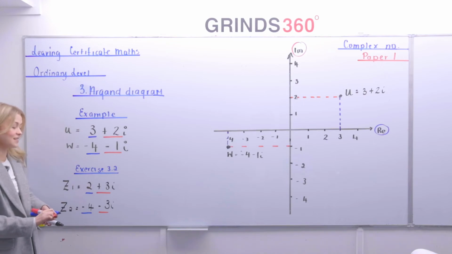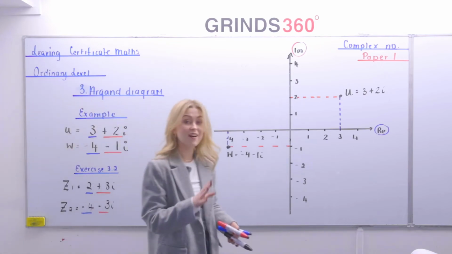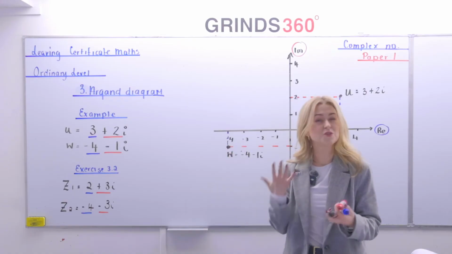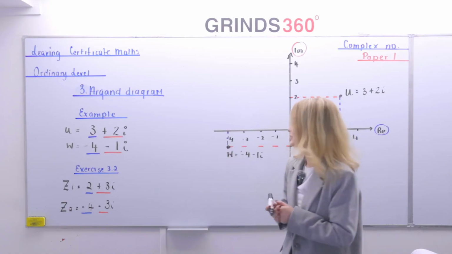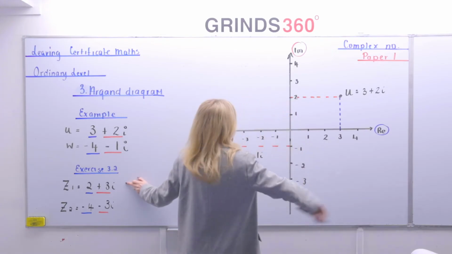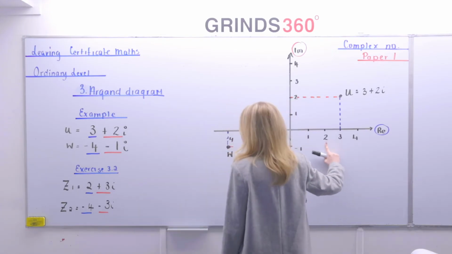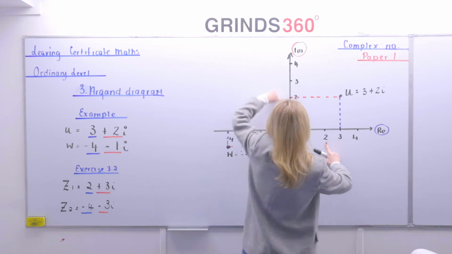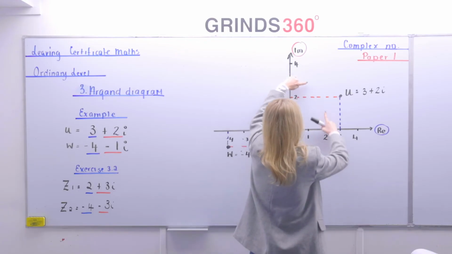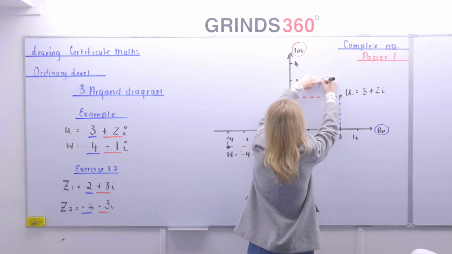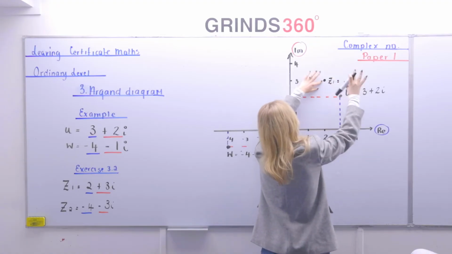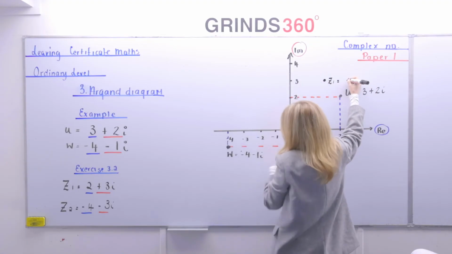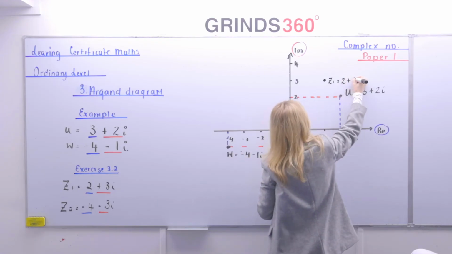So let's get started. Now, in this case, I'm not going to position in those lines. You don't need to in a question. However, if you'd like to, obviously do. So starting off with Z1. Z1 is 2 on my real. 2 on my real is positioned here. And 3 on my imaginary is here. So again, join the dots. This coordinate here will be Z1. Make sure to label, but you don't have to label with a number like I'm going to here, just Z1 will do, 2 plus 3i.